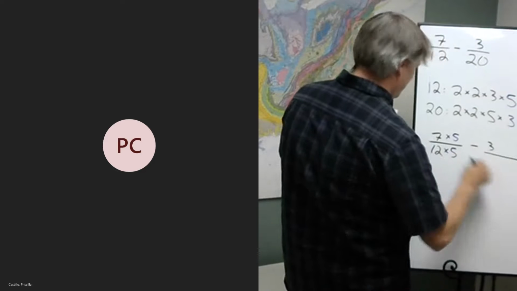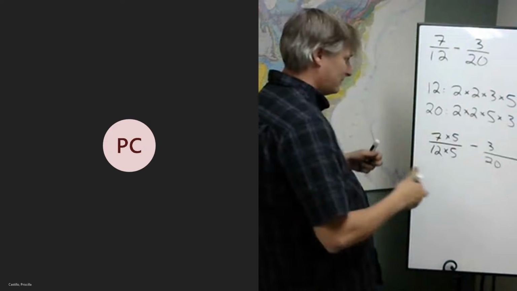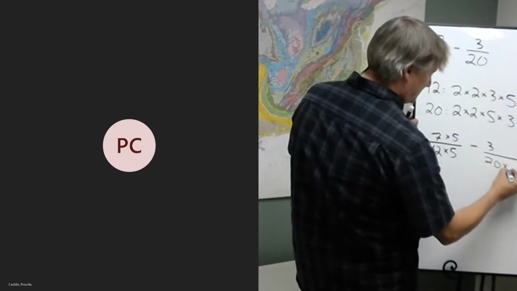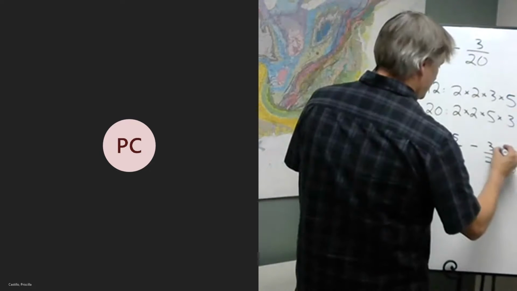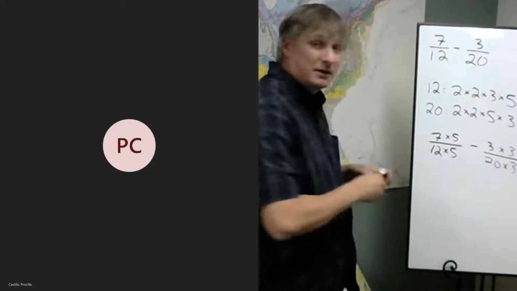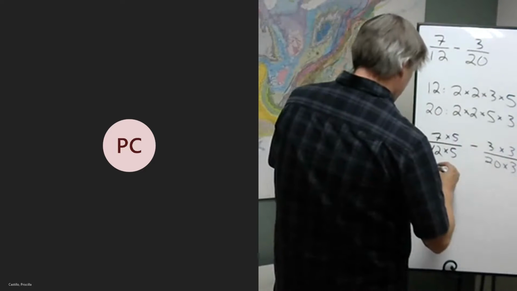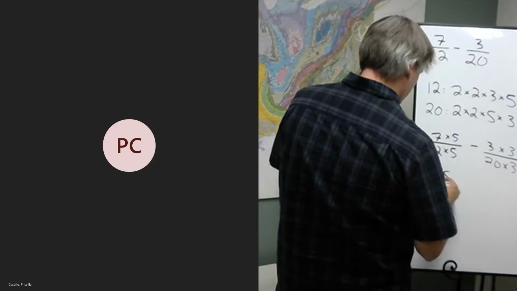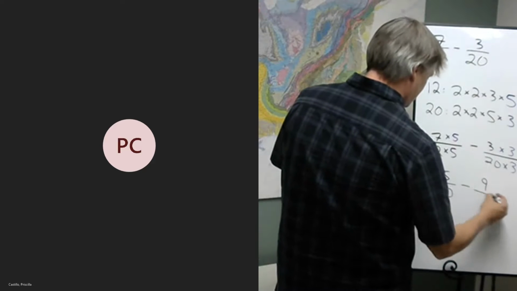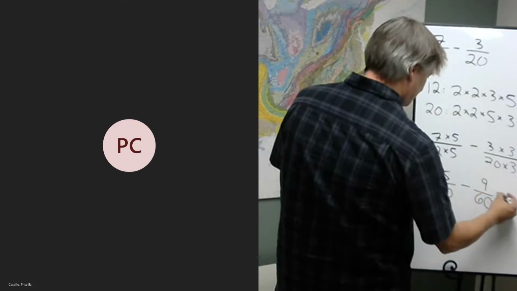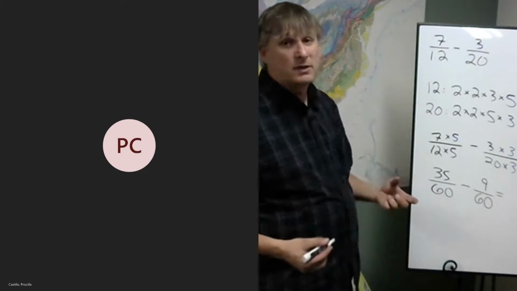Not there yet. So we'll turn 20 into 60 by multiplying by 3. What we did to the bottom, we've got to do to the top. 35 over 60 minus 9 over 60. So now they have the same denominators. Now we can perform the operation.